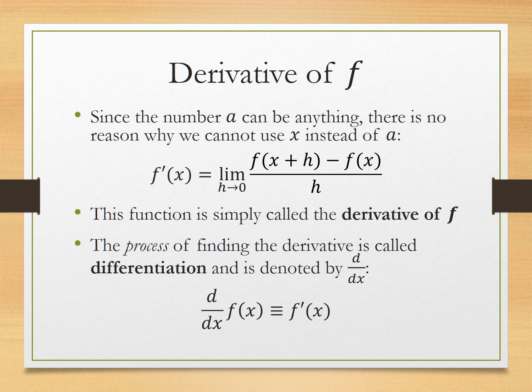So in questions, like exam questions, or any question that requires you to find the rate of change, you can either say find the rate of change of f. That's the same as saying find the derivative of f, which is the same as saying differentiate f.